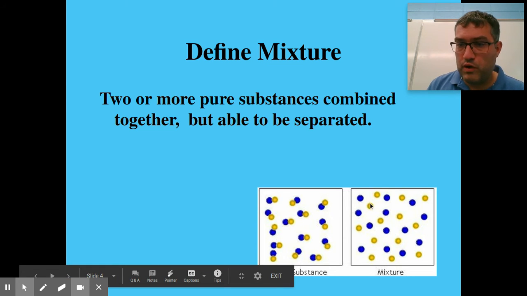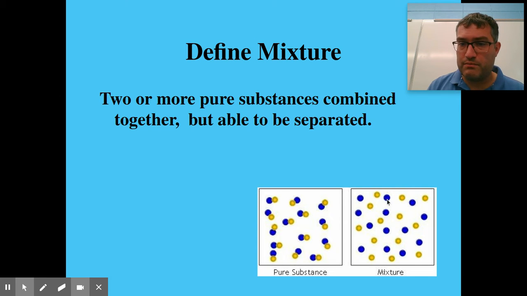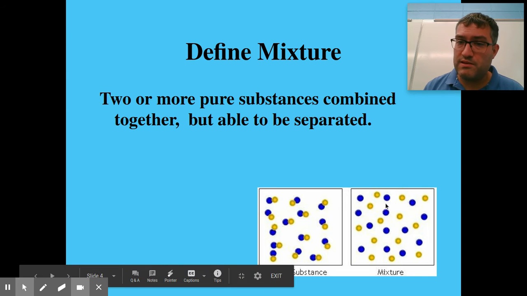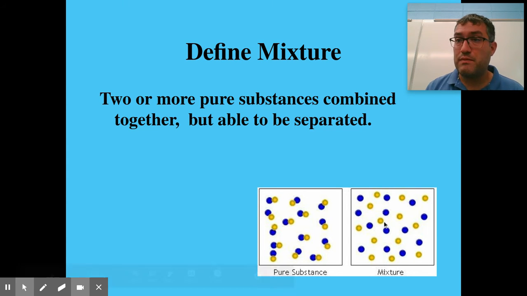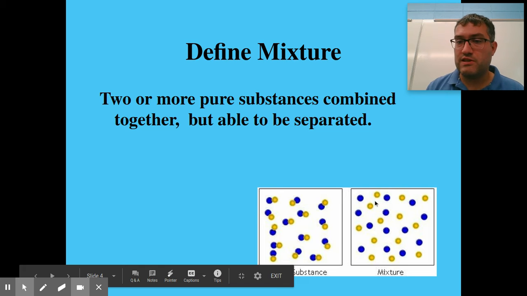Over here, if I pick one thing, this yellow circle, the other things don't look exactly like that yellow circle. I got blue circles too. So that makes this a mixture. Even though both have blue and yellow circles, these here, they're attached and everything looks the same. Here they're not attached and everything doesn't match. It's not all the same. So this is a mixture. Now you can separate these particles from each other and we'll talk more about that later.